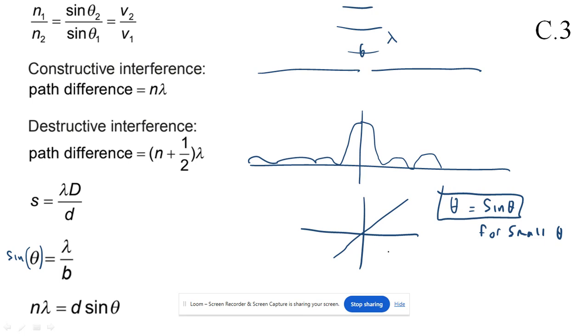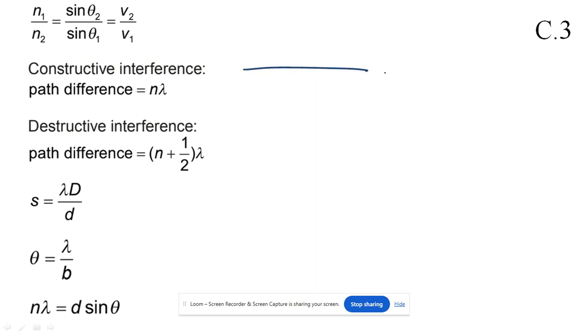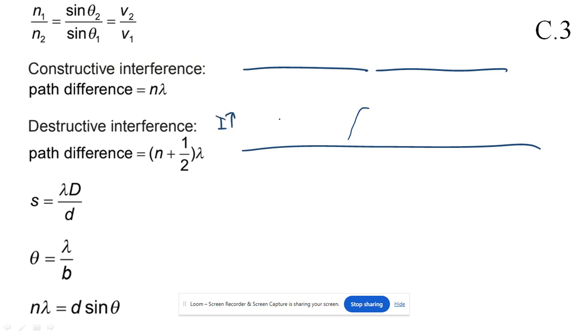But anyway, if we look at this, we've got this single slit, and we've got this interference pattern. So I'm going to draw it better. Intensity is my vertical scale here. This distance here is lambda over b.